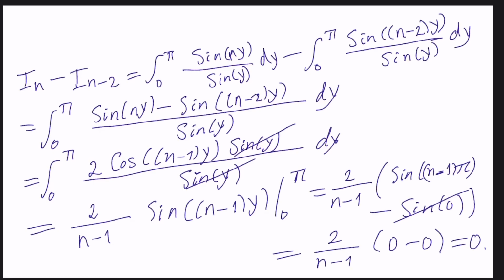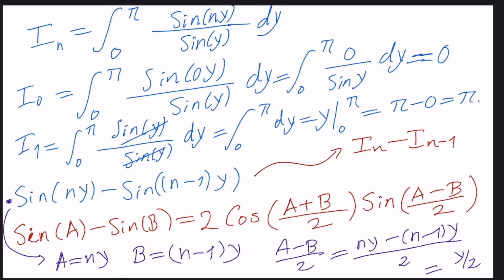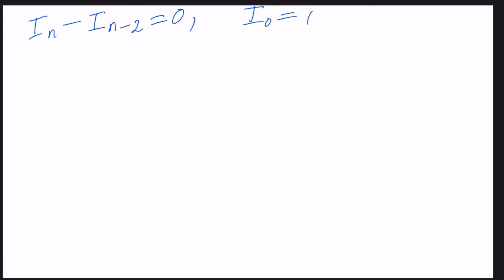Okay, so we have proved something important. What did we prove? We proved that I of n minus I of n minus 2 is equal to 0. Let me remember, a0 is 0 and a1 is pi. So a2 will be equal to a2 minus 2, this is a0, which is 0.